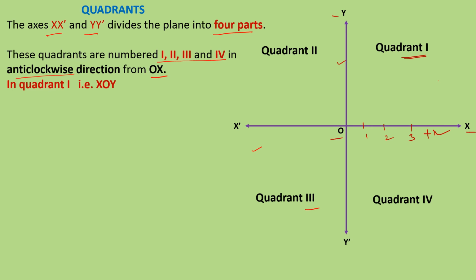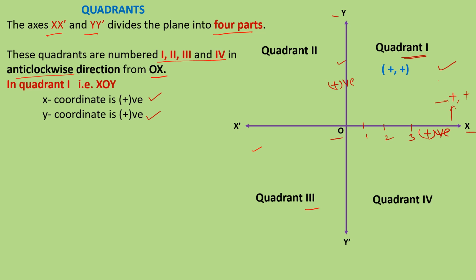And OY also contains all the positive numbers. That means any point in quadrant 1 will have x-coordinate positive and y-coordinate also positive. We know the x-coordinate we have to write first and the y-coordinate second. So the coordinates of any point in quadrant 1 will be (+, +). First will always show the x-coordinate and second the y-coordinate.